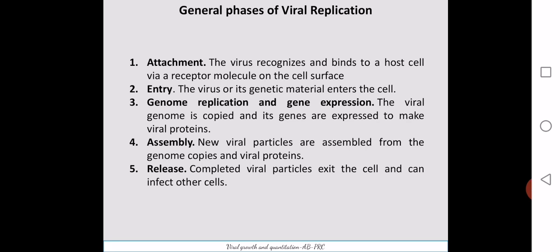They replicate the viral genome, and that will be copied. And also there will be expression of certain viral genes with the help of the host transcription and translation machineries.